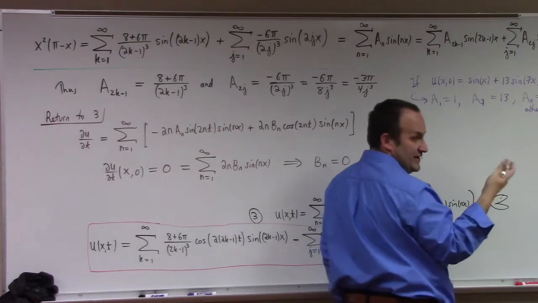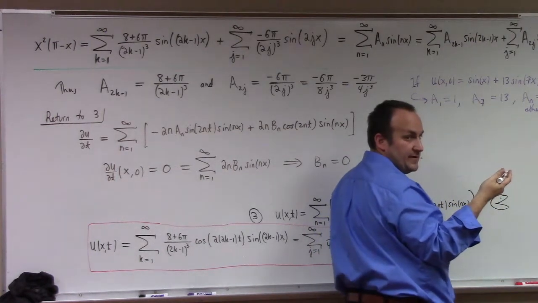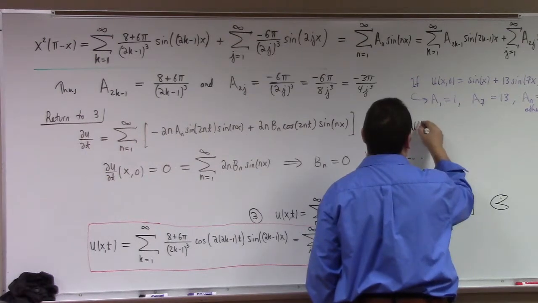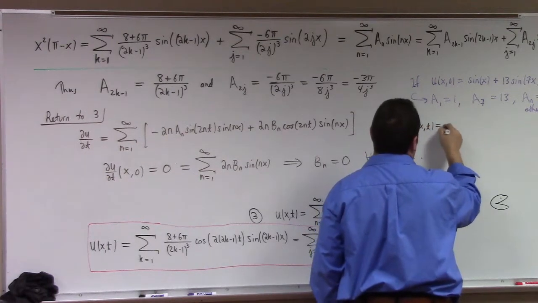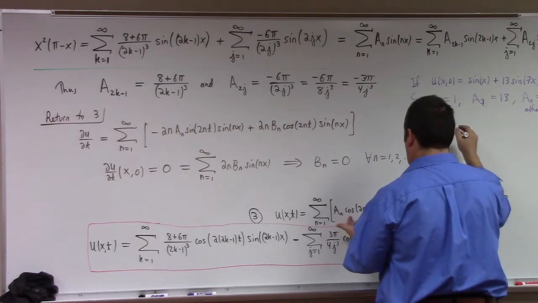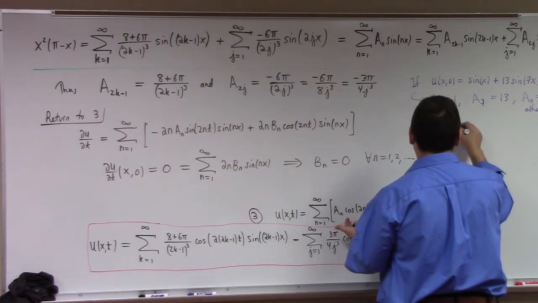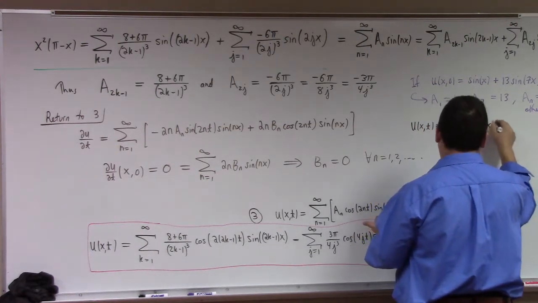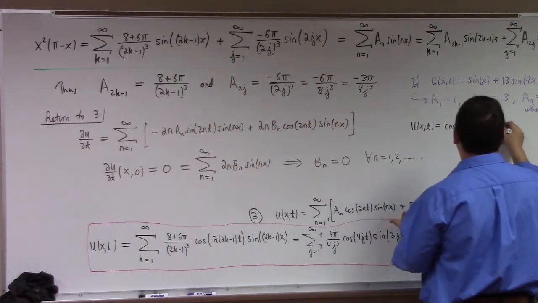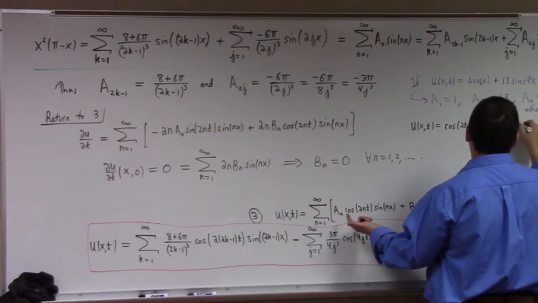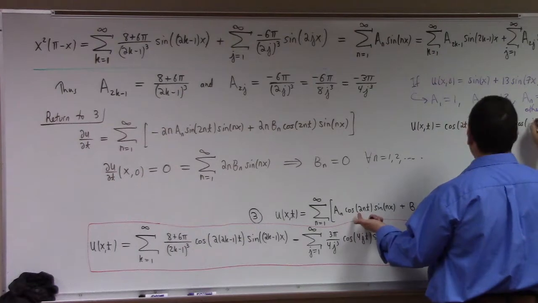Assuming initial velocity is 0 as well, right? Then the solution would just be u of x comma t equals, what you got? You got cosine of 2t sine x plus 13 cosine of 26, wait a minute.